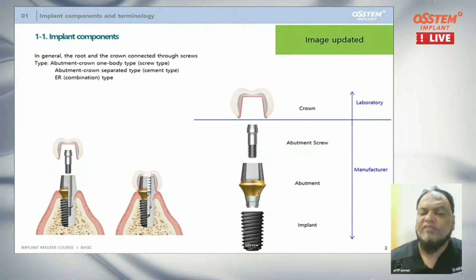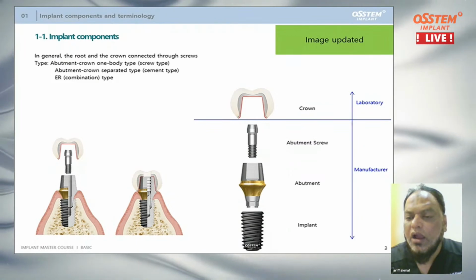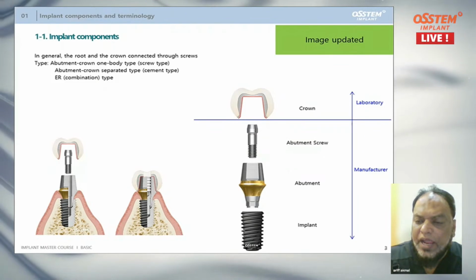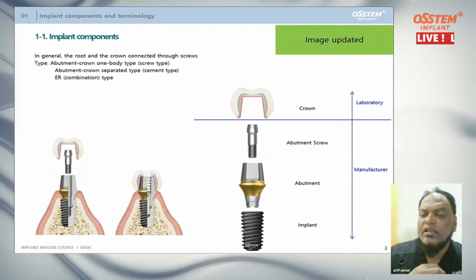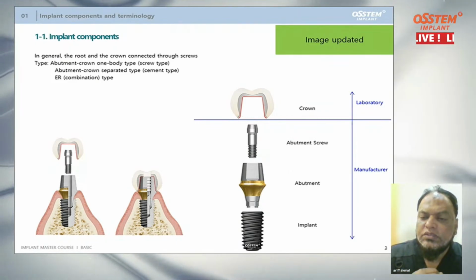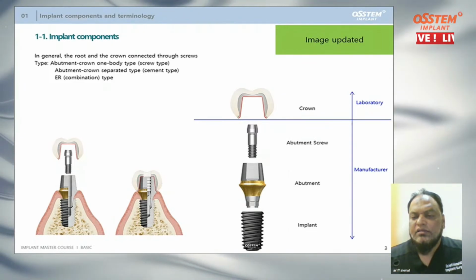And on top of it, we have something called an abutment, which holds the crown. This abutment is attached to the implant with an abutment screw. And then on top of that abutment, you'll be placing the crown. So these are the basic components in implant dentistry.